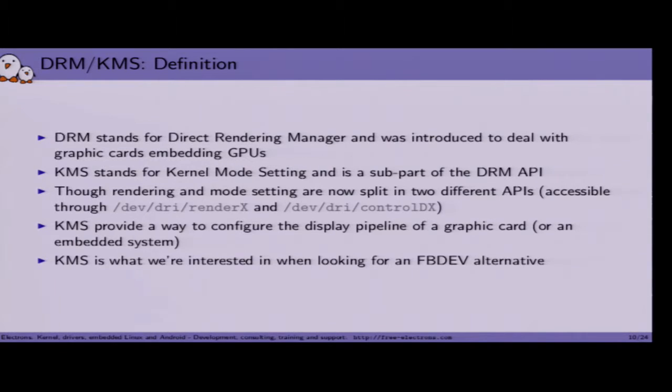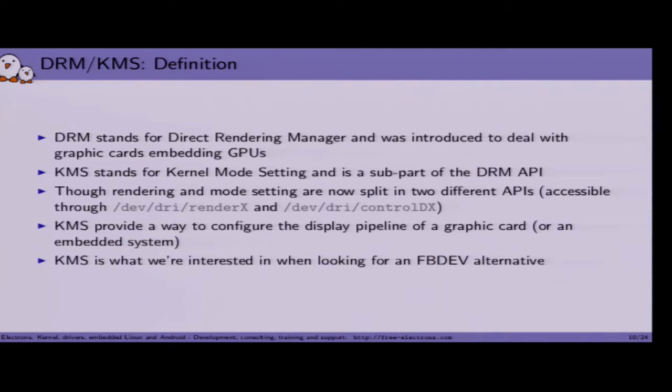And what's quite funny these days is that even though it started as a framework for GPUs and it's stored under drivers/gpu/drm, you have some drivers that don't even have GPU support, or for SoCs that don't even have a GPU in the first place, because KMS is very relevant to display engines, even though you don't have a GPU at all. So it kind of grew outside of its initial scope, which is nice.